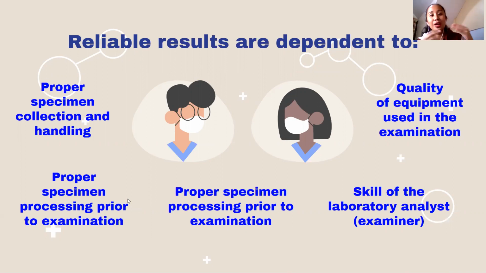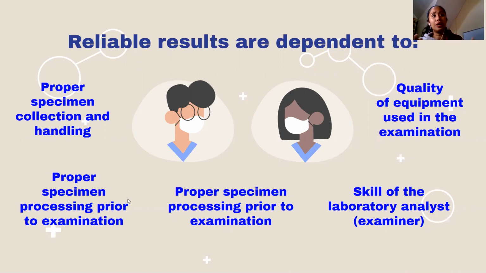And class, quality assurance is very important, as it consists of 10% of every subject in the board exam. In parasitology, it's 10% of parasitology. In microbiology, 10%. In clinical chemistry, 10%. In all of the subjects, class. Sobrang halaga ng quality assurance program. Why? Because it ensures that we will release reliable laboratory results.